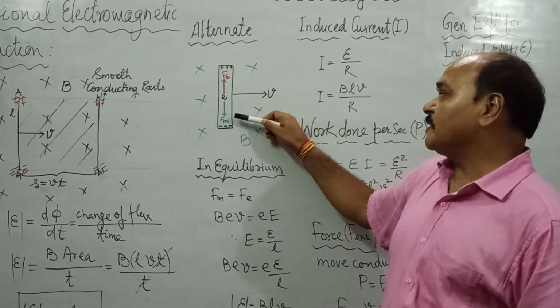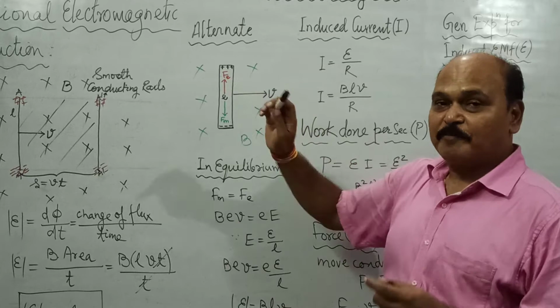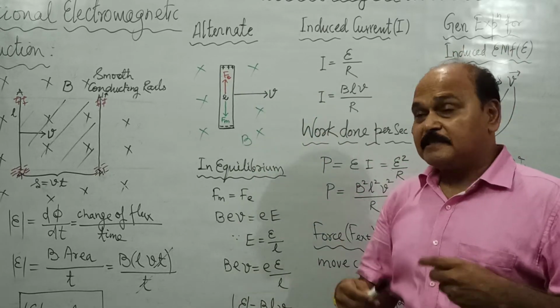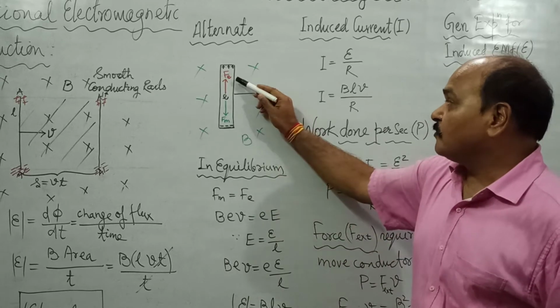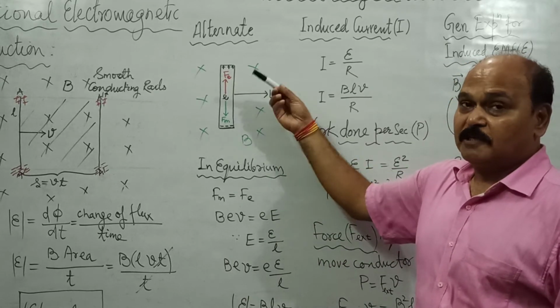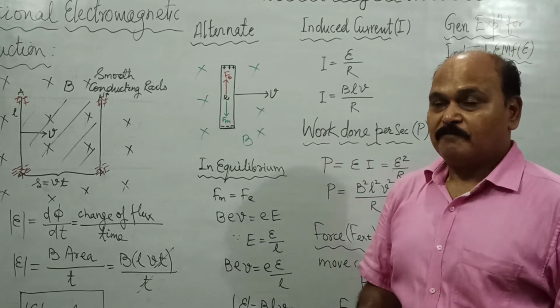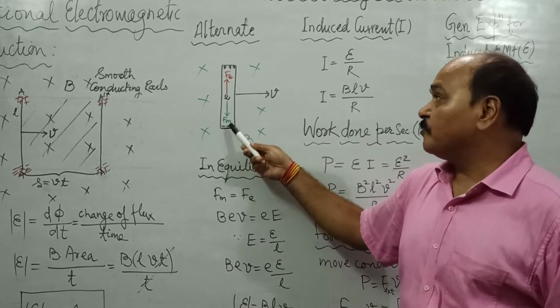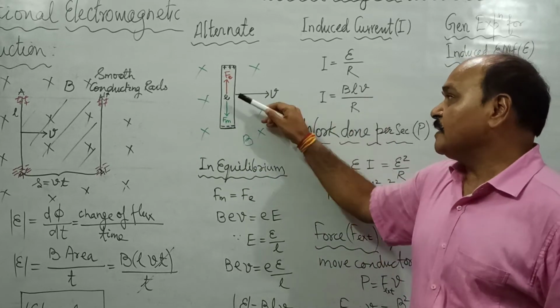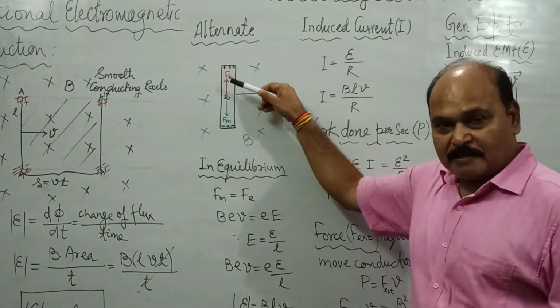So as long as the magnetic force is greater than the electric force, the potential difference increases, but gradually a stage is reached when the electric force becomes equal to the magnetic force. Initially, there is no electric force. When the conductor is at rest, there is no polarization, there is no electric force, but as the conductor starts moving, magnetic force starts acting in this direction.